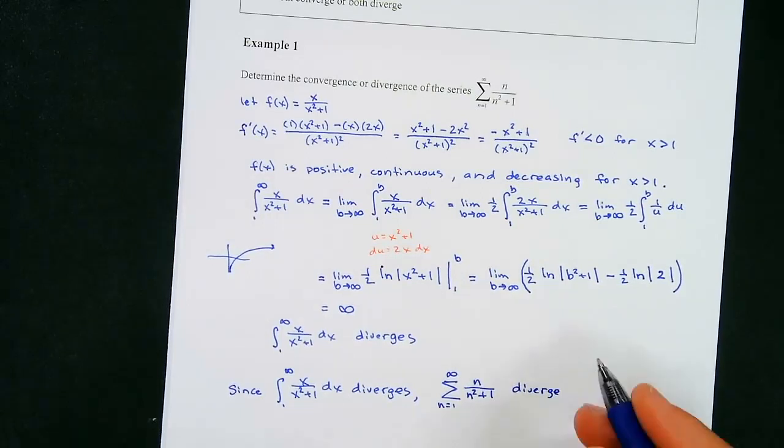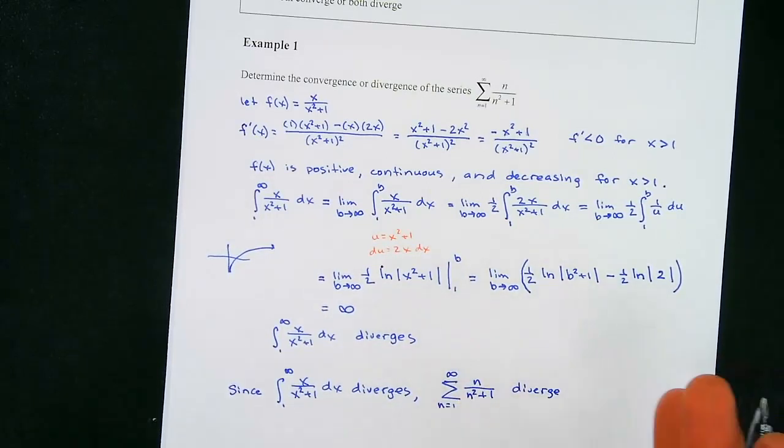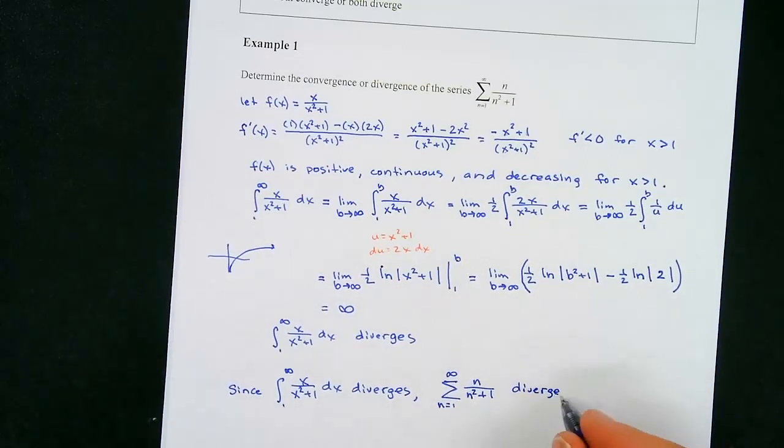Because remember, they both do the same thing. They're either both going to diverge or they're both going to converge, right? So this series diverges, and we have to state the test. So it diverges by the integral test.